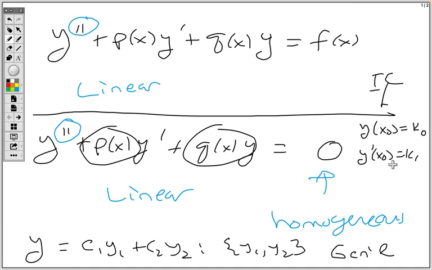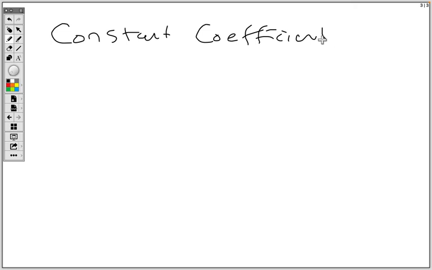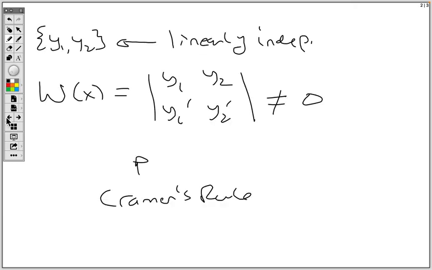This week, we're going to actually talk about how we start solving these equations. And so we're going to look at a special case of these equations called constant coefficient second order homogeneous differential equations. So constant coefficient means what you think.